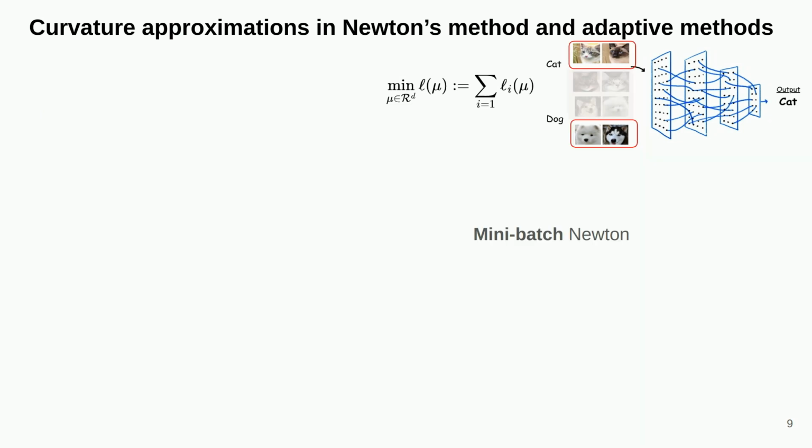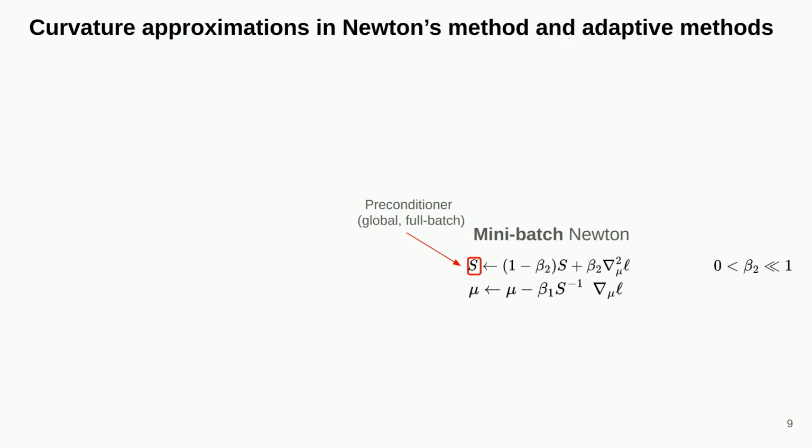In the mini-batch case, we consider the following update scheme. Here, we introduce a new symbol S to represent the full batch curvature. It's also known as a preconditioner or preconditioning matrix. We use local curvature information to estimate the full batch curvature, or the preconditioner.